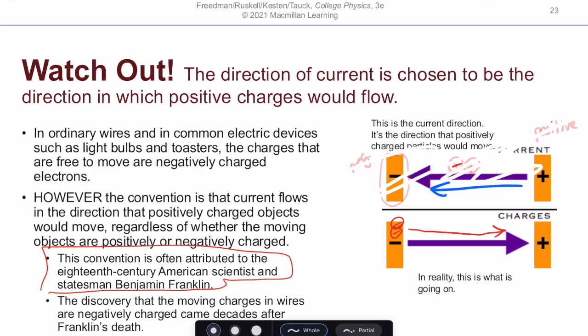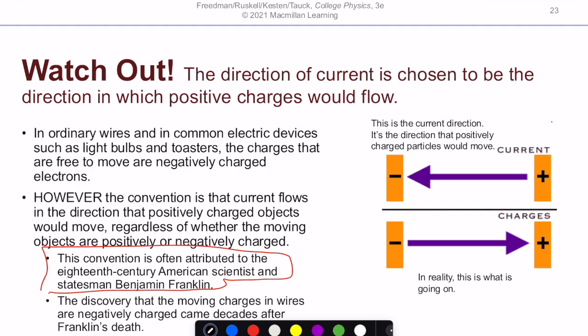So something interesting is going on here, and I sure hope it isn't confusing. It definitely was confusing to me when I first started studying this. I remember it clear as day. The direction of current by convention is chosen to be the direction in which positive charges flow.